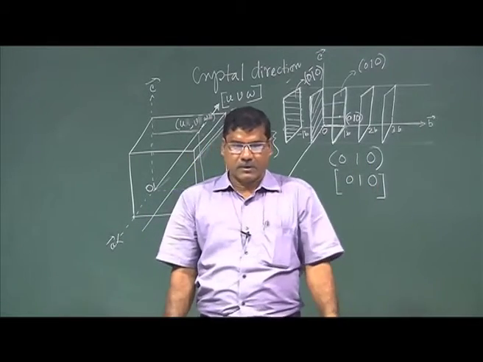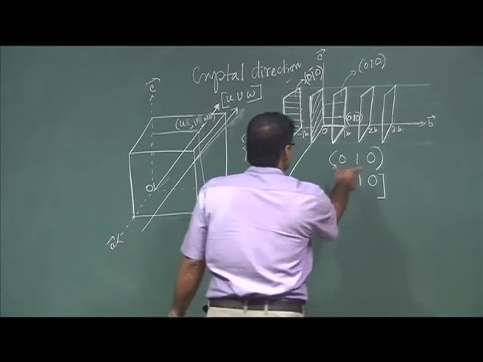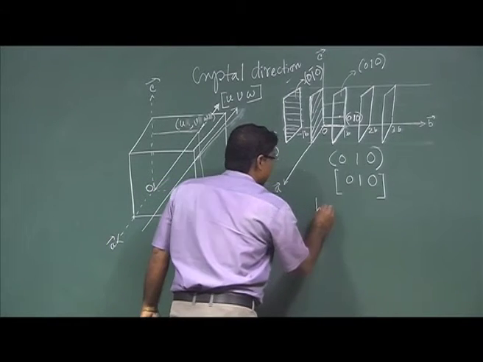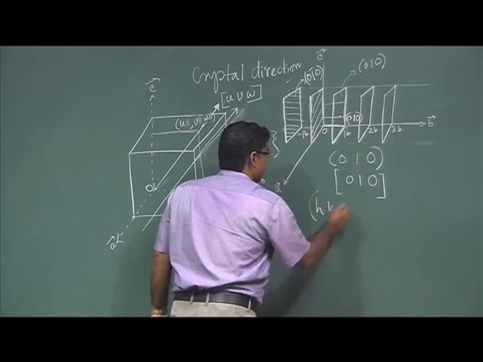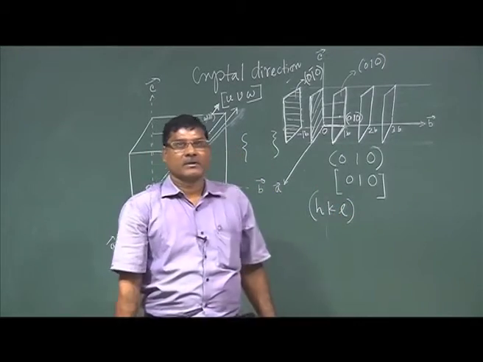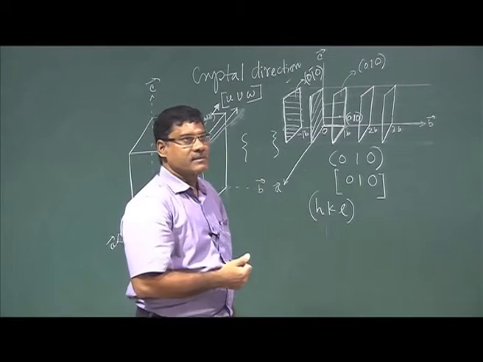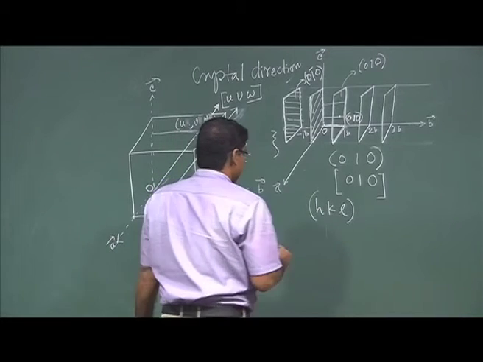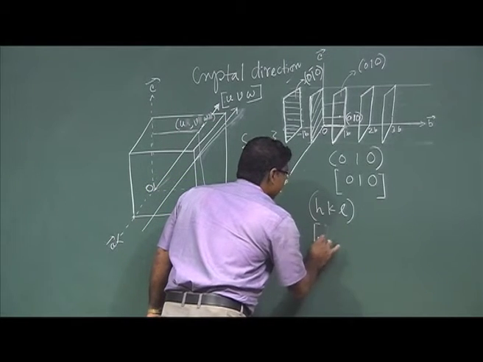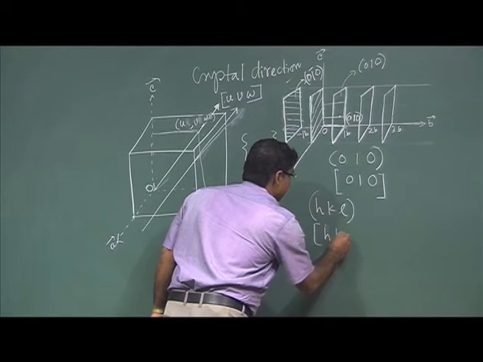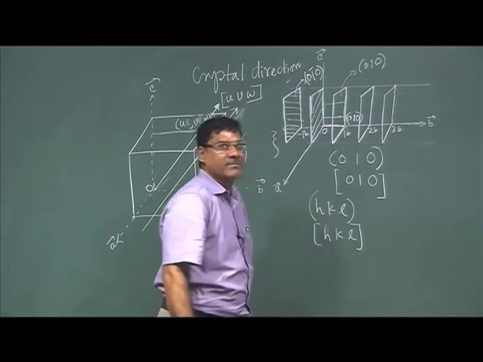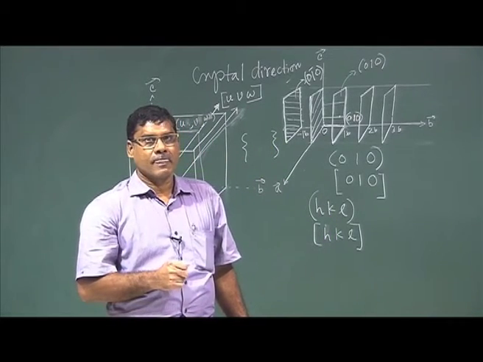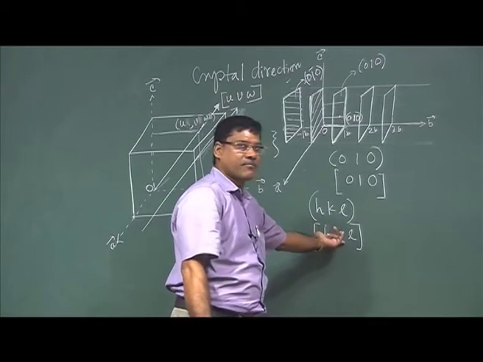So, we can tell that if it is the HKL value of a plane, then the direction of this plane, that is normal to this plane, can be written in a third bracket. So, using the same Miller indices, we can represent the direction of the crystal.